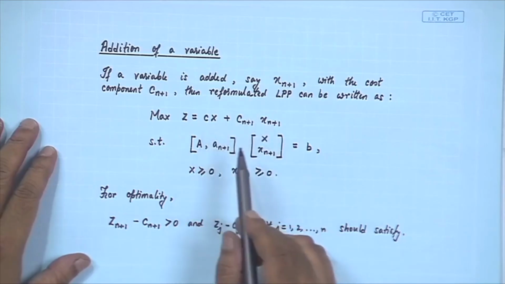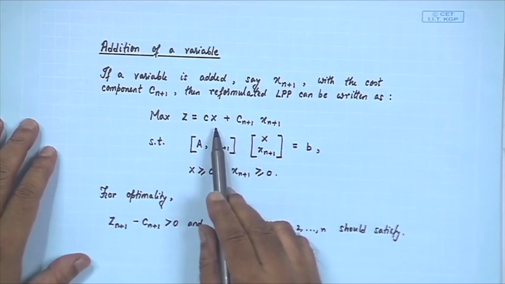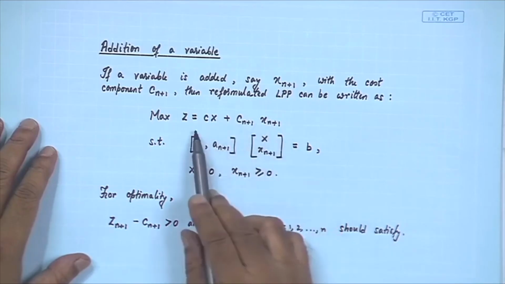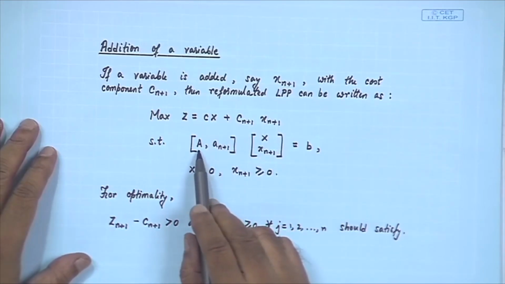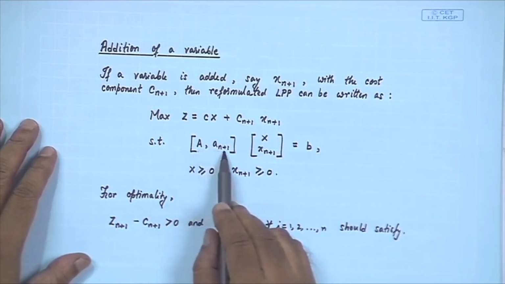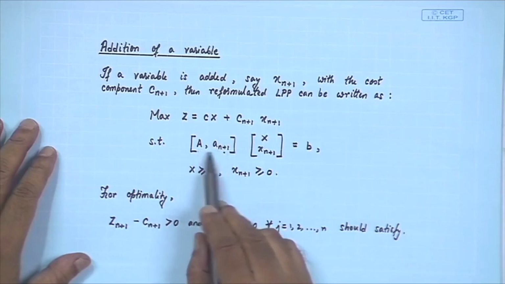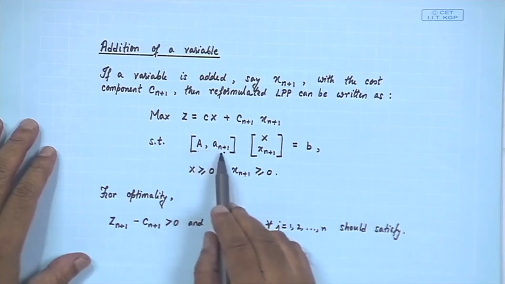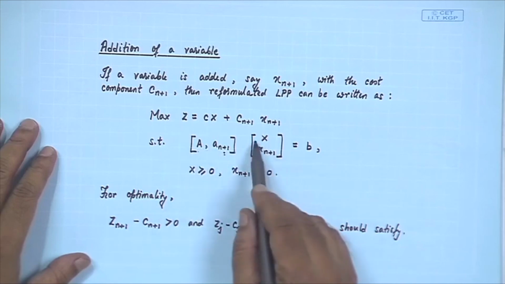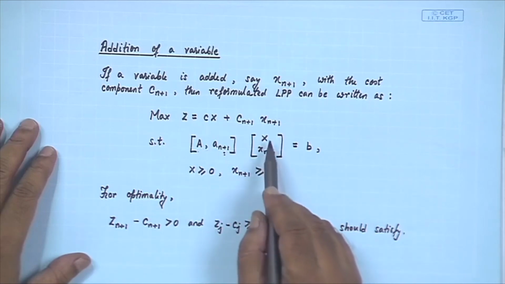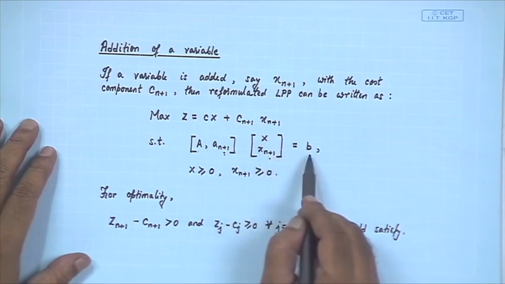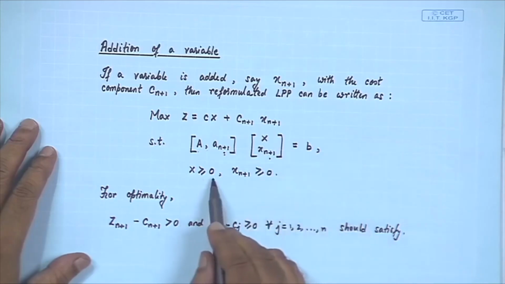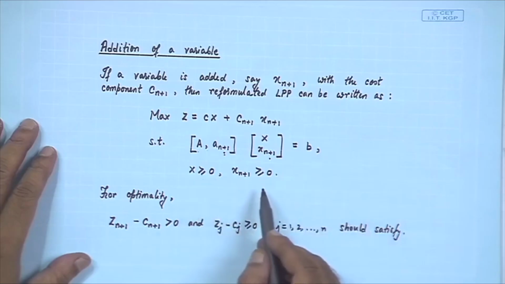Earlier there were n variables x_1 to x_n, now I have added x_(n+1). Once I do this, A will change: in place of A, the matrix will be A, a_(n+1), and the decision vector will be x and x_(n+1). B will be changing. Obviously, x is greater than or equal to 0 and x_(n+1) is also greater than or equal to 0.